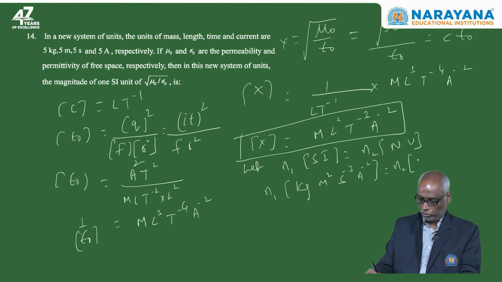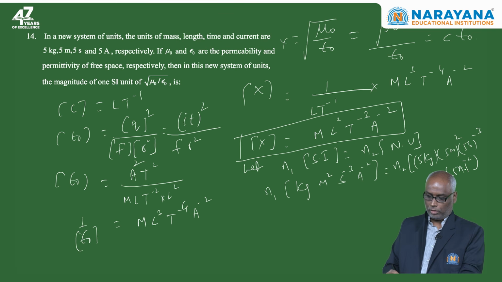In place of kg it should be 5 kg, in place of meter 5 meter, in place of second 5 second, and in place of ampere 5 ampere.